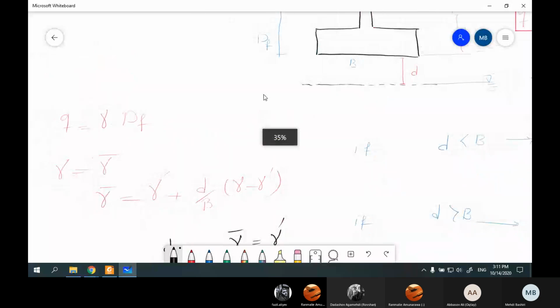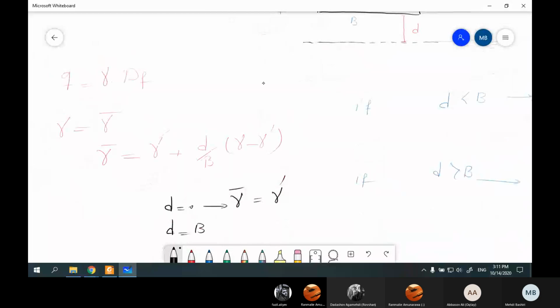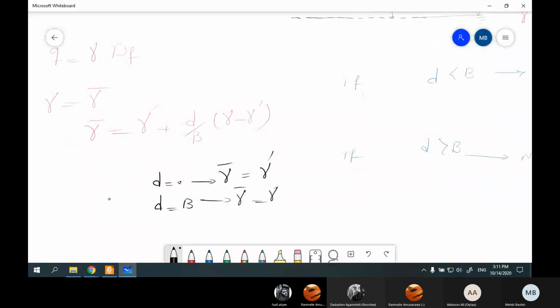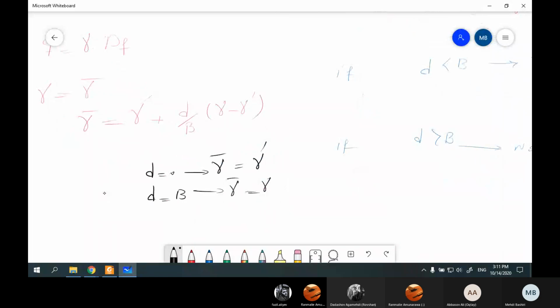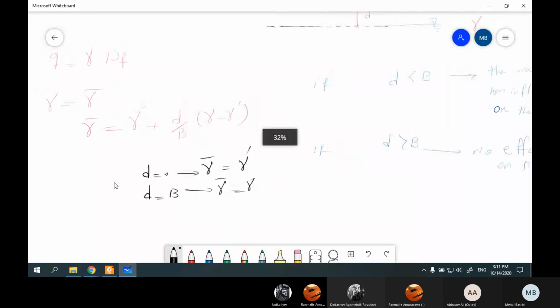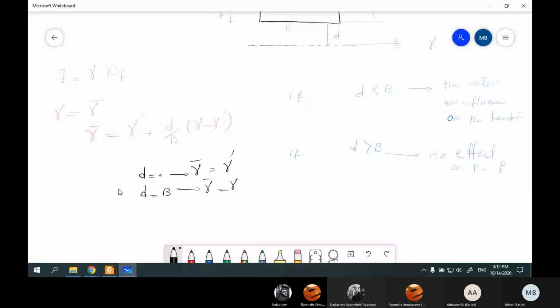Suppose that d is equal to B. What would happen? It's like there is no water below this foundation. So we provide a linear equation for satisfying these boundaries, and this is that equation. Understood? I'm going to solve an example to make this clear.